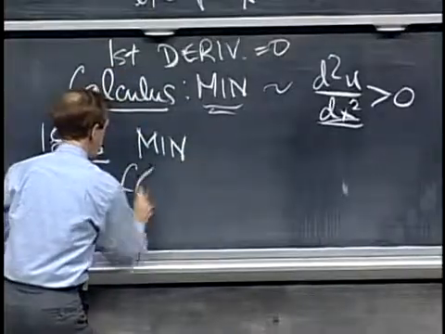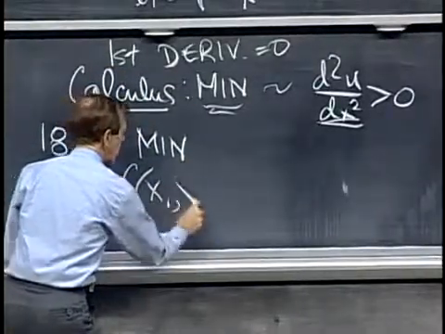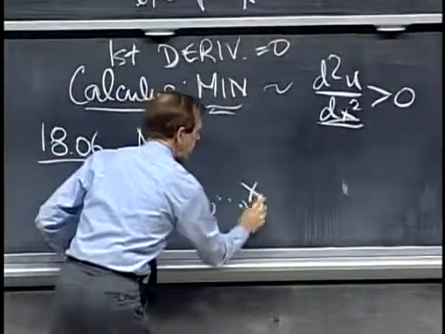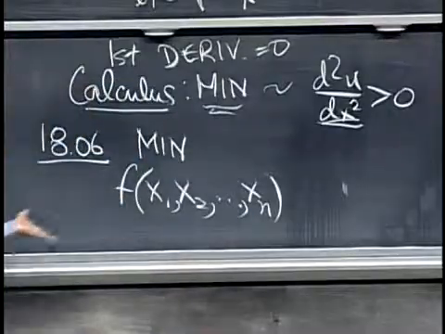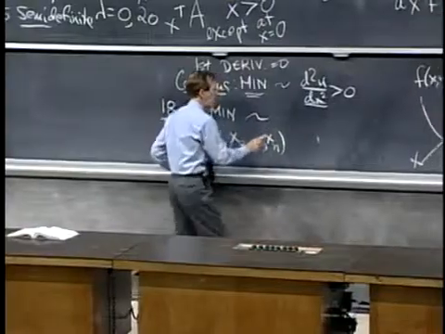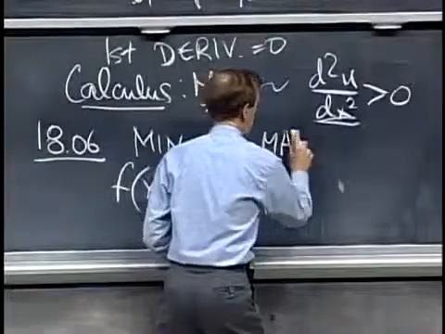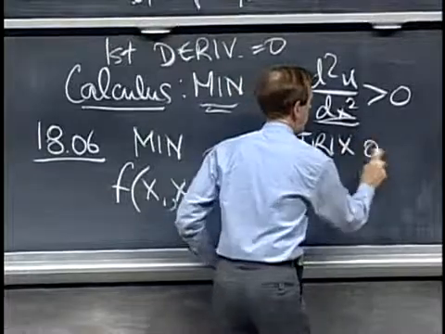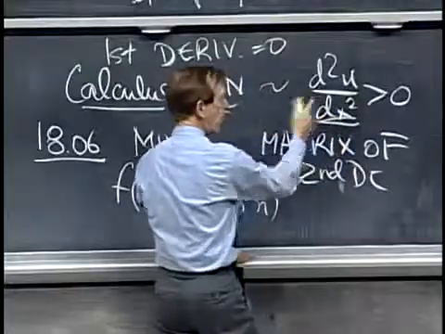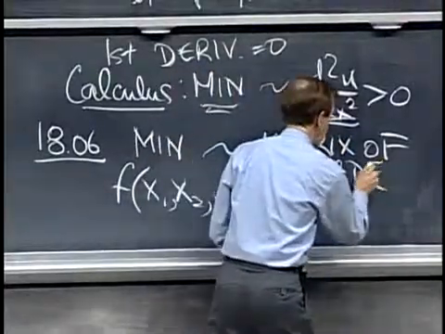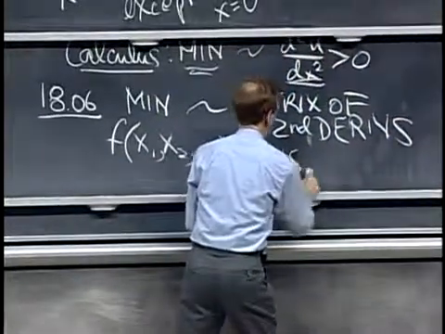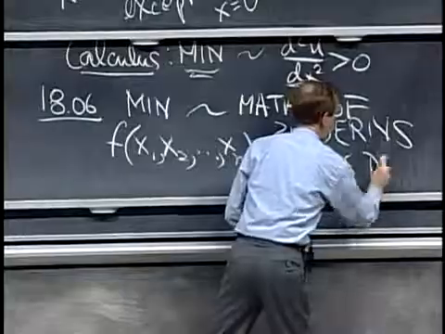For our function now, our function will be a function not of just x, but of several variables, the way functions really are in real life. The minimum will be when the matrix of second derivatives, the matrix here was 1 by 1, there was just one second derivative, now we've got lots, is positive definite.